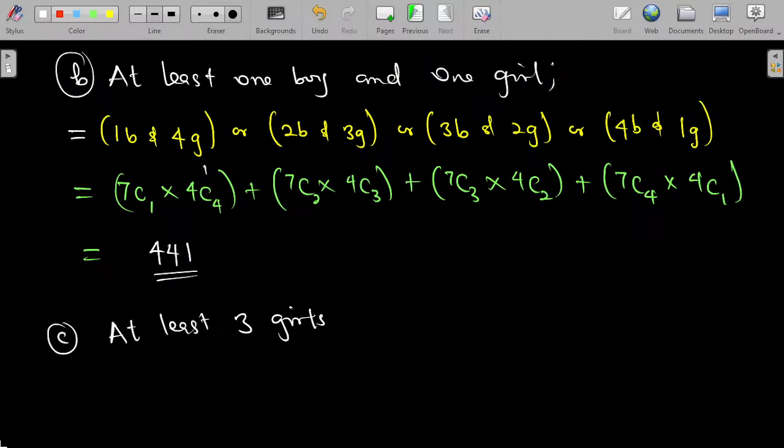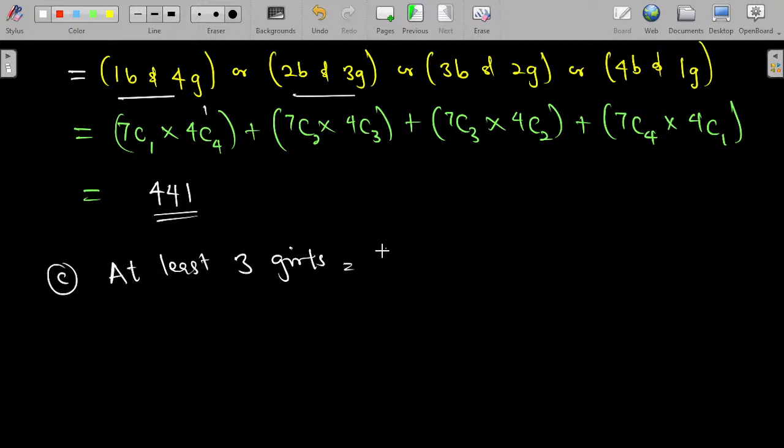Okay. So, at least 3 girls means you can have 3 girls or above 3 girls. And you actually have only 4. So, that means it can be 3 girls or 4 girls. And there are just the 2 possibilities that we first wrote here. And so, that is going to give us a boy and 4 girls, or 2 boys and 3 girls.